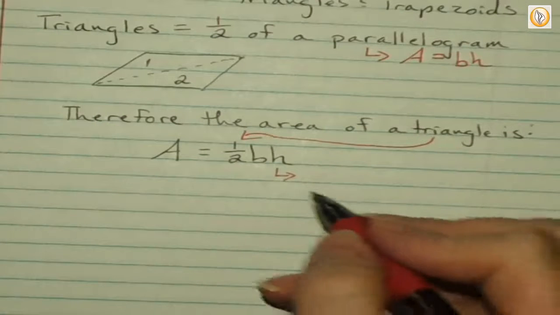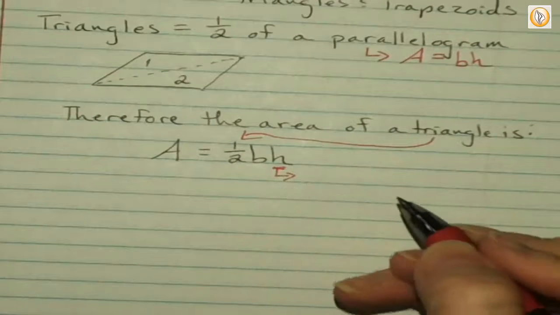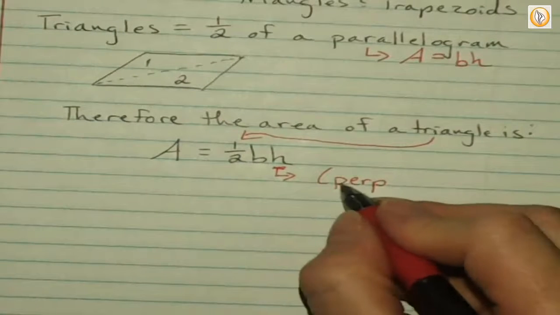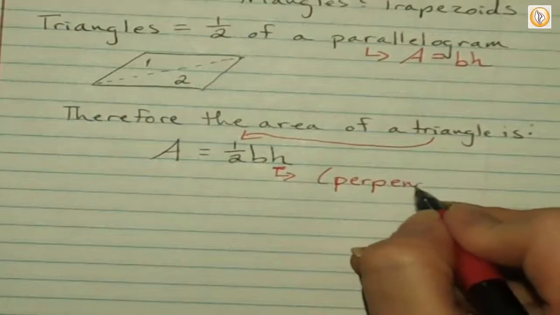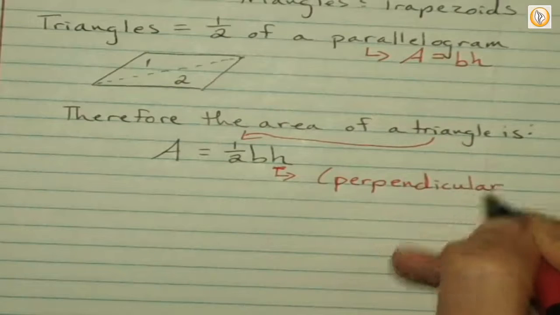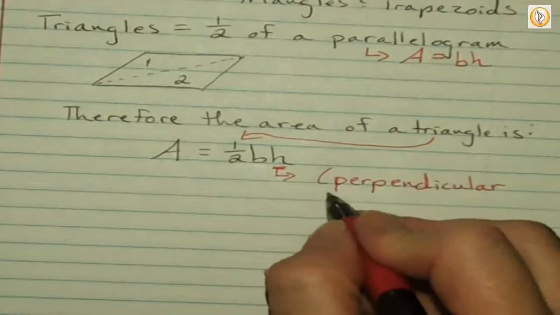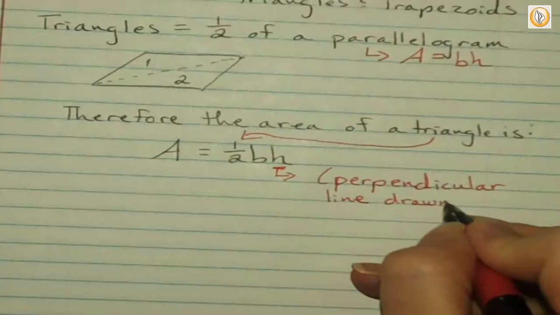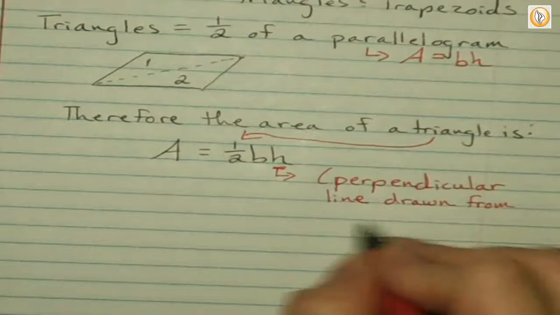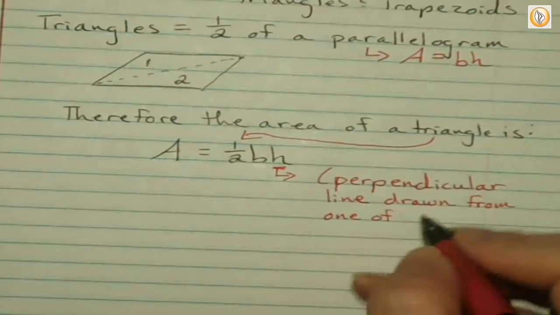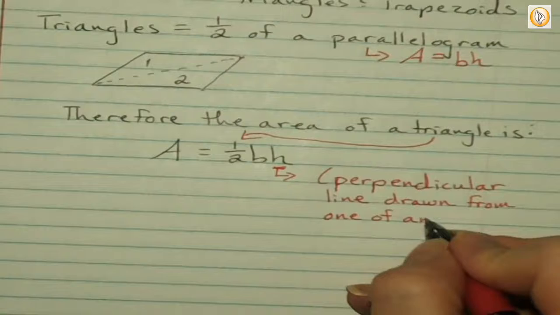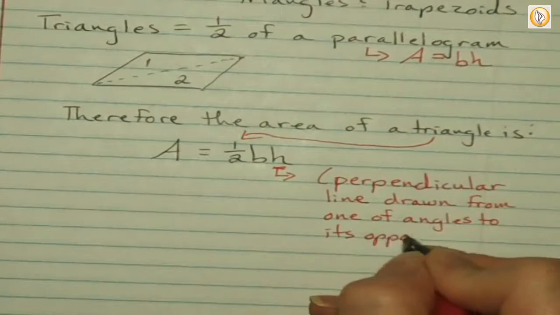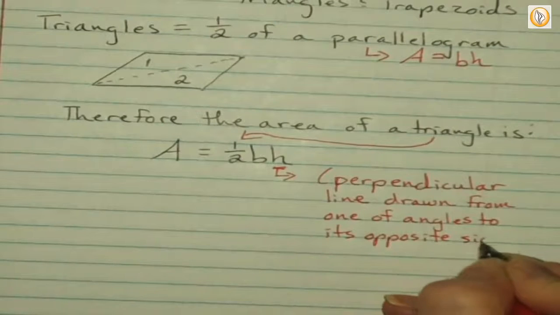Keep in mind, the height is the perpendicular. This got y'all yesterday, so I knew then that some of y'all weren't paying attention, just writing words down. Height is the perpendicular line drawn from one of the angles to its opposite side.